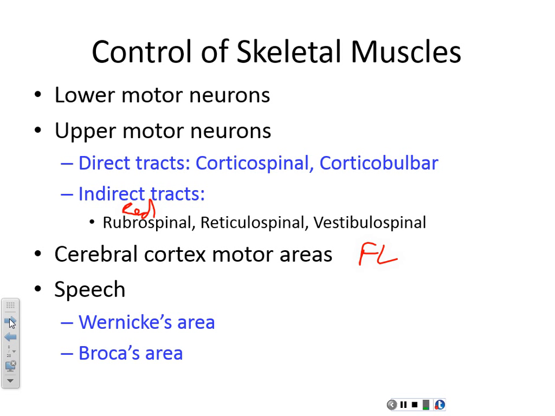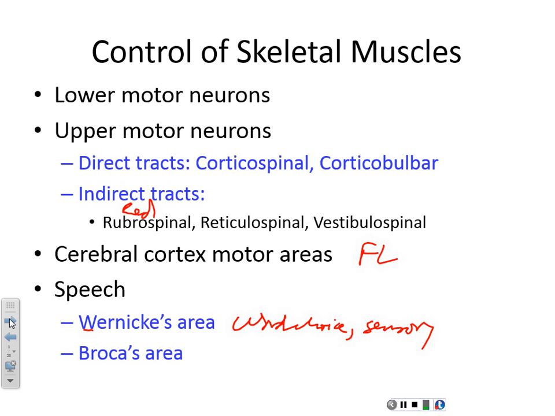Wernicke, W, word choice. It's like a sensory area, kind of borderline with an association area as well, because it processes the information.